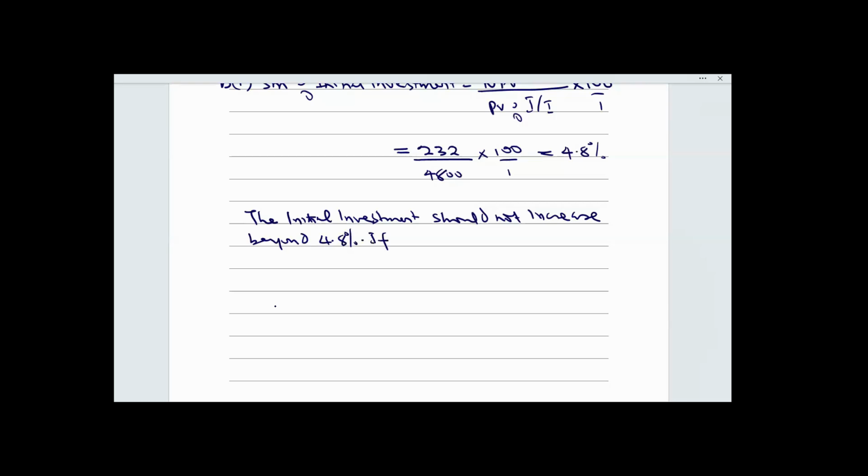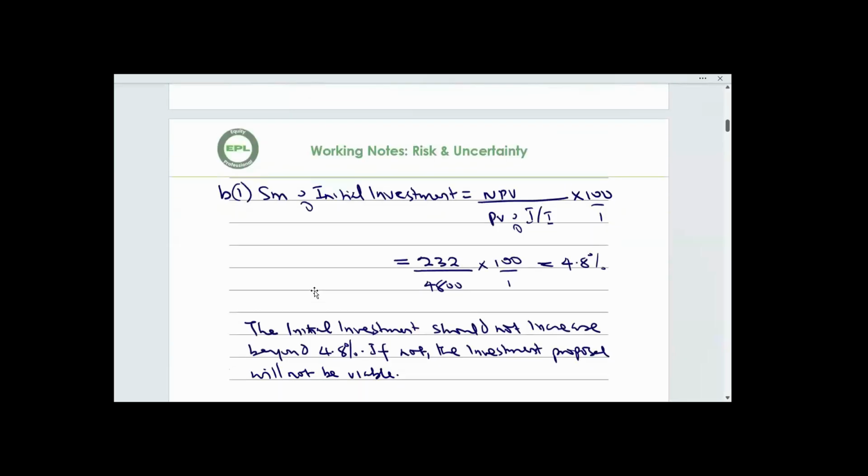If not, the investment proposal will not be viable. So that's the interpretation of our calculation. You can see in this question, the examiner did not ask you to interpret. It is implied. There is no way you compute sensitivity margin without interpreting your results. Okay, so that's that.